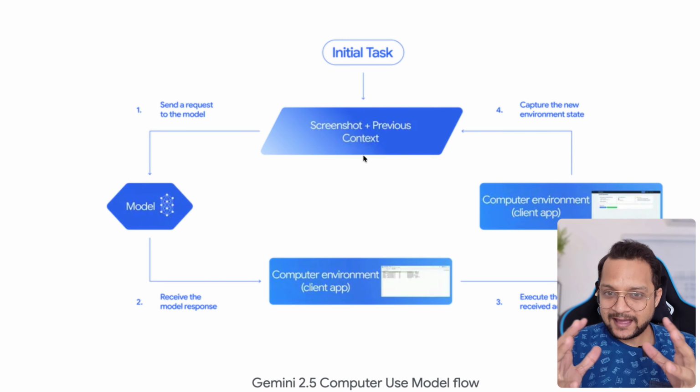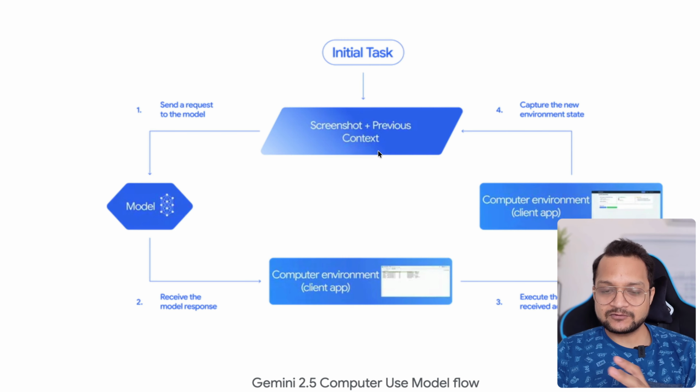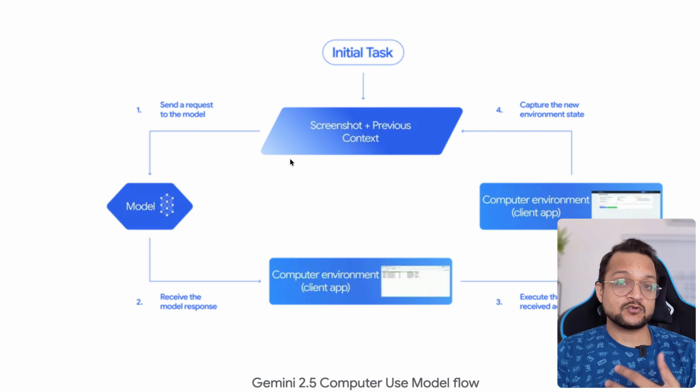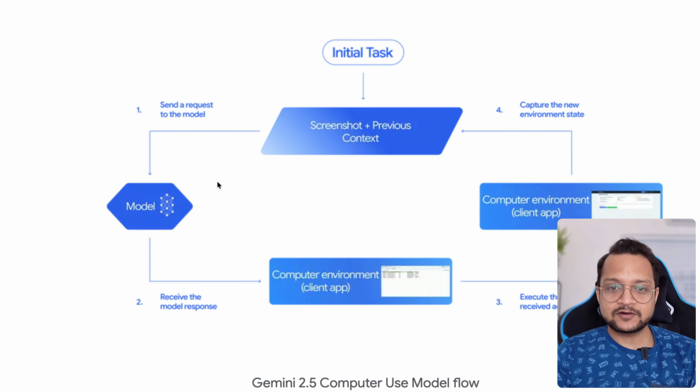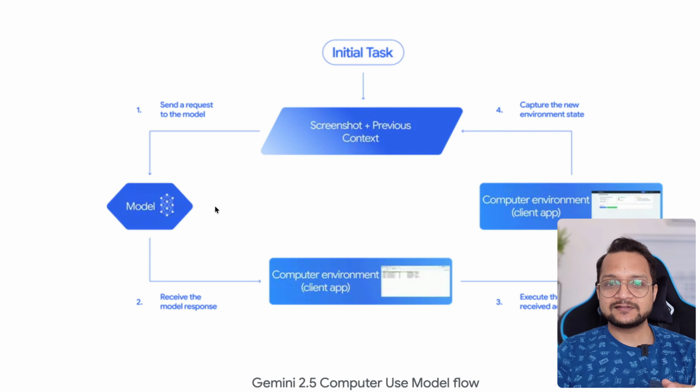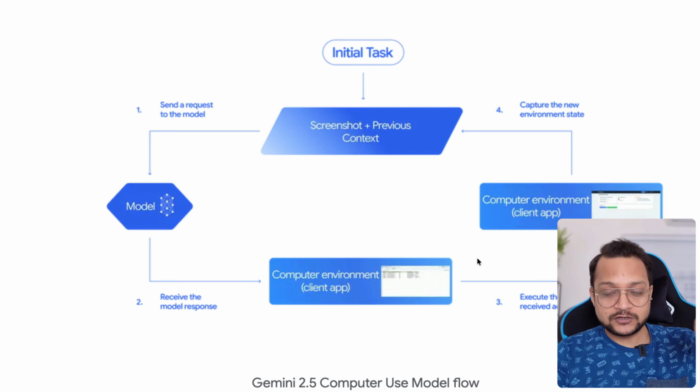So what happens basically is, suppose you have Amazon open and you ask it to search for the iPhone 17 model. It goes to the model, and the model sees that we have a search bar. Then the model says, okay, click on the search bar. It goes to the computer environment, which actually does the click.